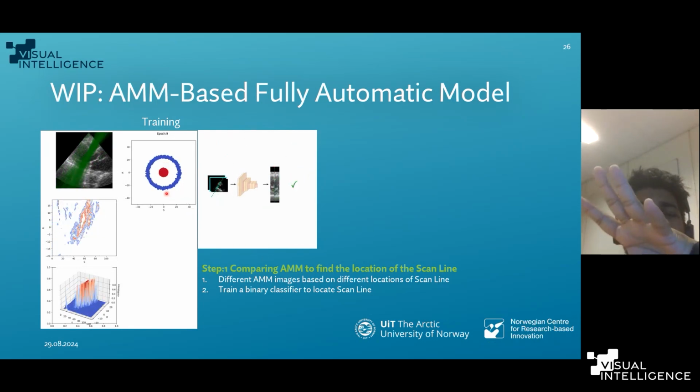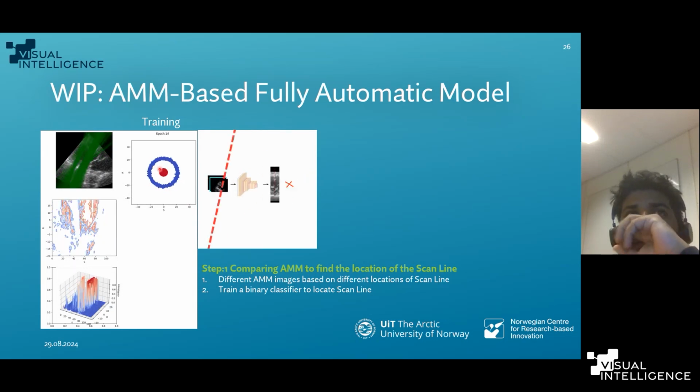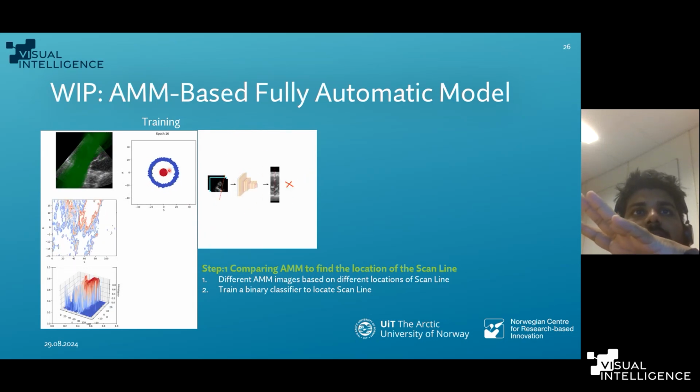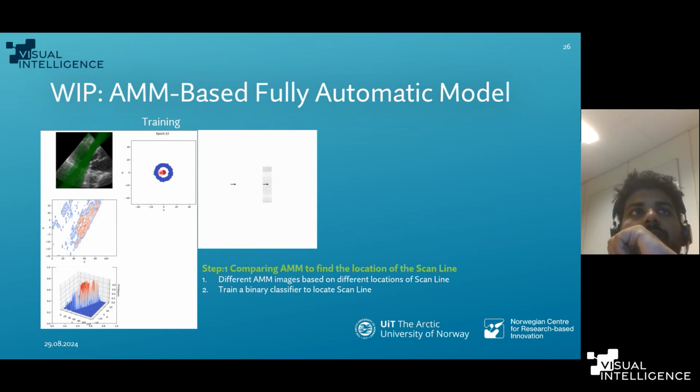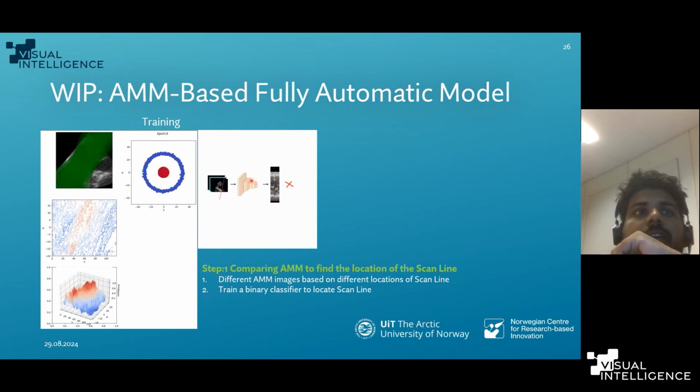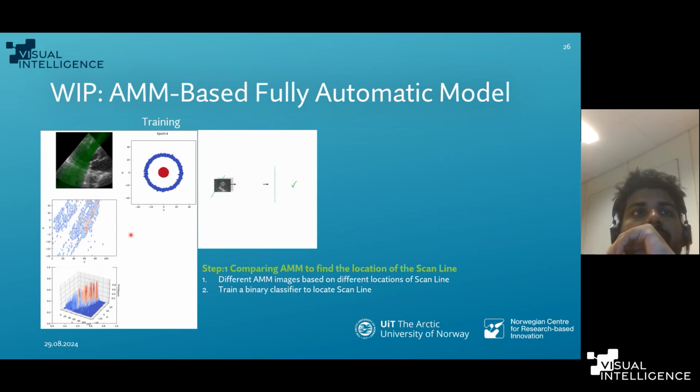I try to form a curriculum where I first give easy examples. If the scan line is far away, I say that this is a wrong generated AMM image, and if the perturbation is very near to the actual ground truth scan line, then I say it is the correct AMM image, and I see how the neural network trains.